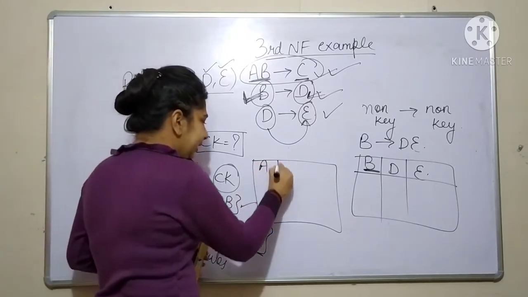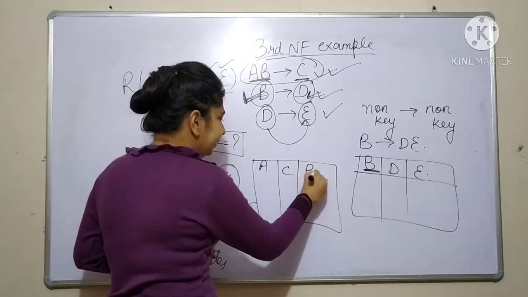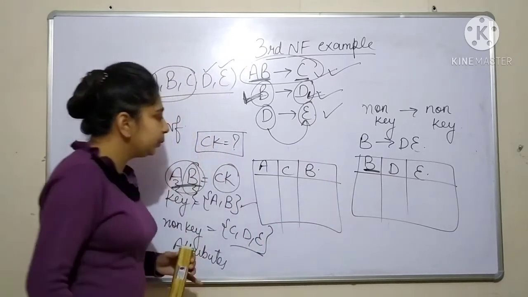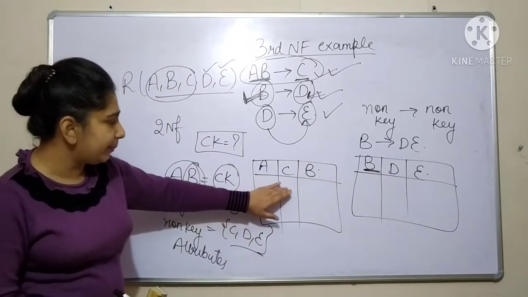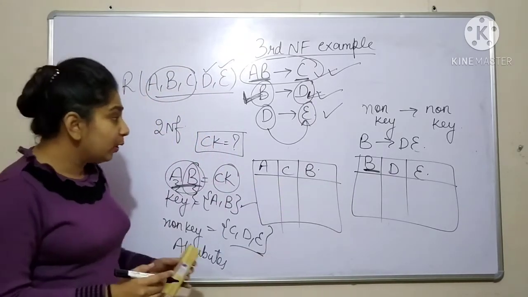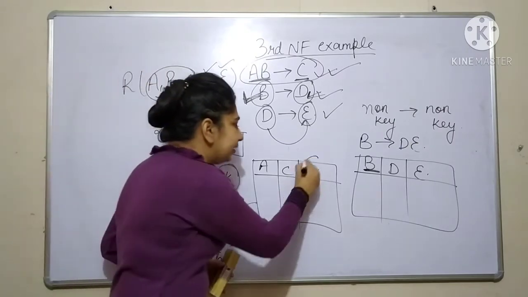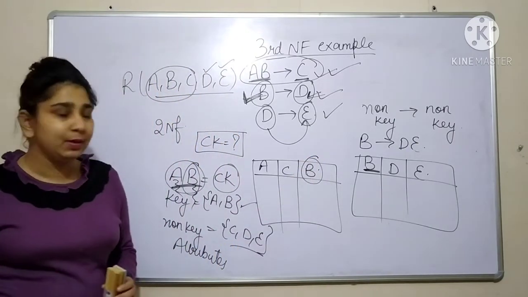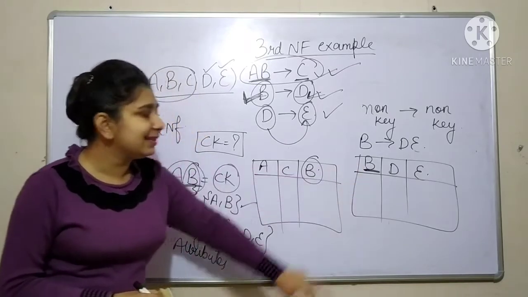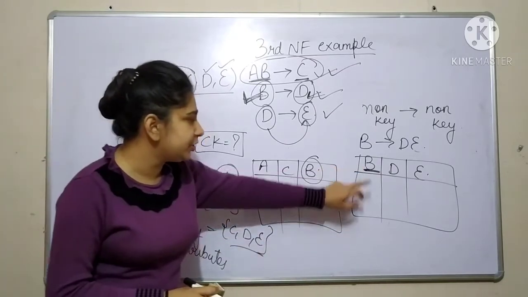A, C and B. We will keep it in a separate table. So B is actually the common attribute, and B is acting as a candidate key for this relation.